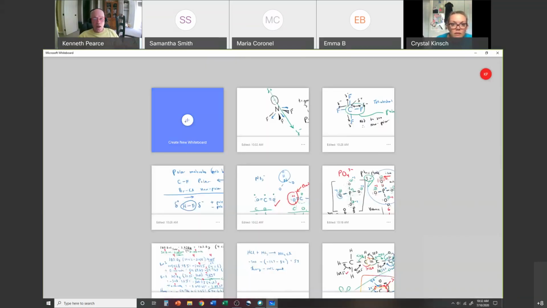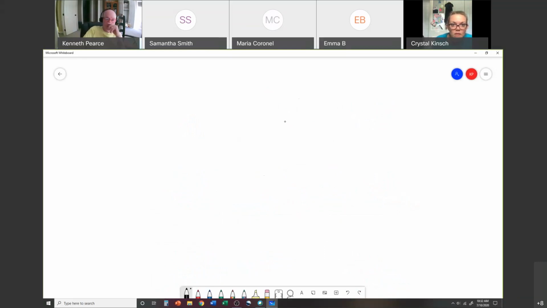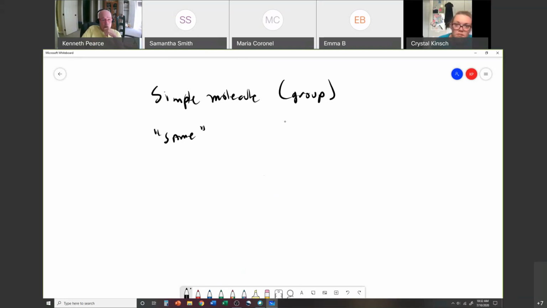So that's generally how it works. Now, if we're looking at a simple molecule or group, there is a simpler way of doing these things instead of adding up vectors. Strictly speaking, you're adding up vectors. What you can do is what I call same versus different.